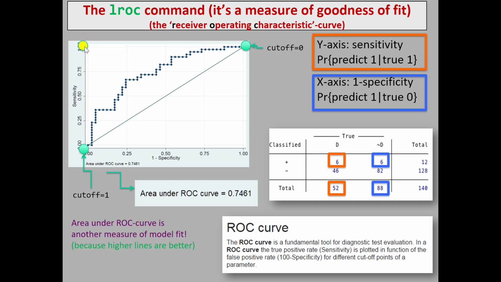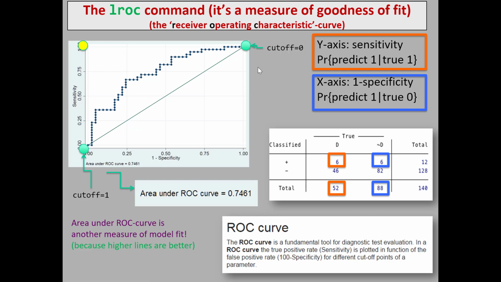This curve, shaping closer to that yellow dot over there, is better. And this has led to the idea that we could use the area under the curve as a measure for how well the model is performing. We have half already, that's this bottom triangle, and we have this one. And the more it is shaped like this, going upwards towards the yellow and then to the right, the better it is.